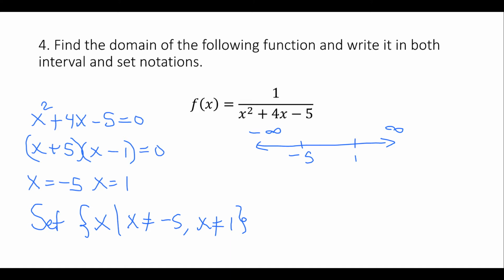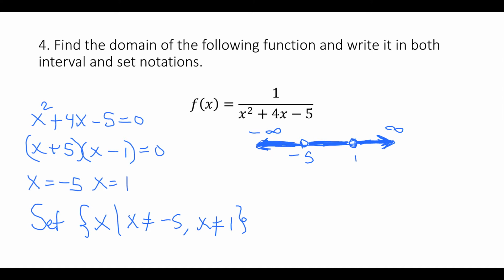I want to use everything except for these numbers. I don't want negative 5 and I don't want 1. But I do want to use everything else, because all the other numbers don't give me trouble. They're not going to force me to divide by 0. But these two particular numbers, negative 5 and 1, are going to force me to divide by 0.